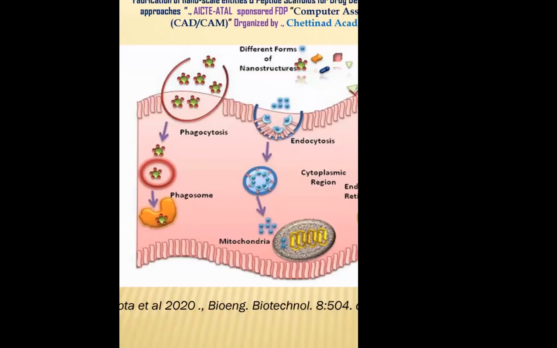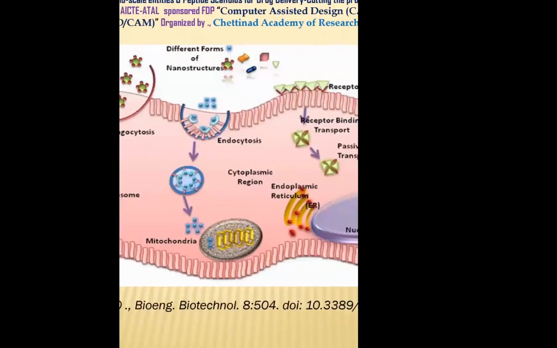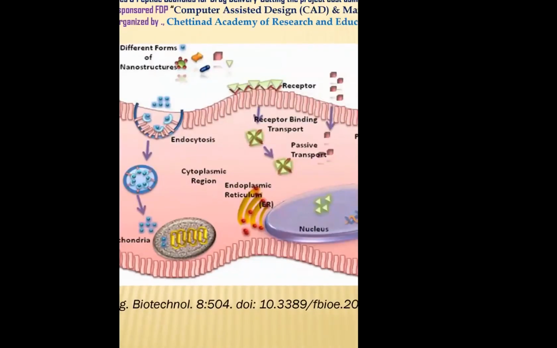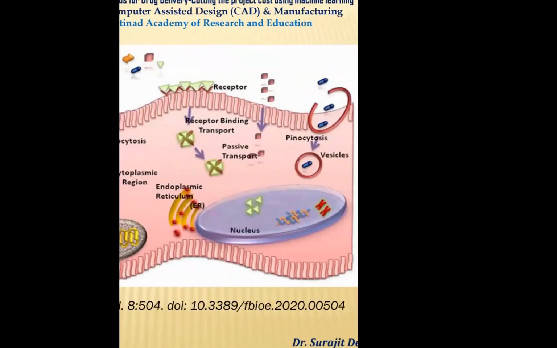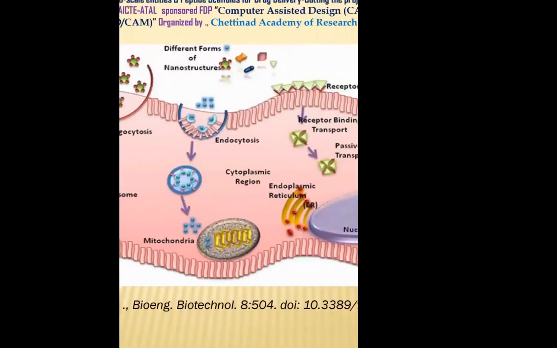So if your nanopeptide is coated with a particular kind of cholesterol, you can internalize this. So there are different methods. For example, if there is a receptor-bound thing, it can also be internalized in a particular tissue, and then the activity will be delivered. So this is how different aspects are there, different forms of nanostructures, as you can see.